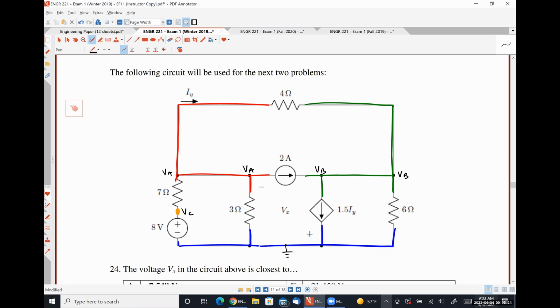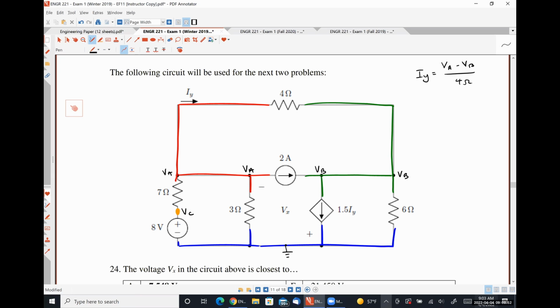So we do have a dependent source, so we have some controlling variables. Our controlling variable IY is VA minus VB over 4 ohms.